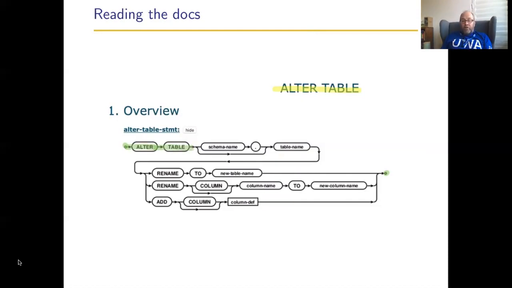Okay, and now we have a choice. We can either take this arrow like that, or we can go through the other pathway. What does the other pathway do? The other pathway goes through here. So what that is saying is that you start with alter table, and then you have to give a table name, okay? Like we saw, alter table student.